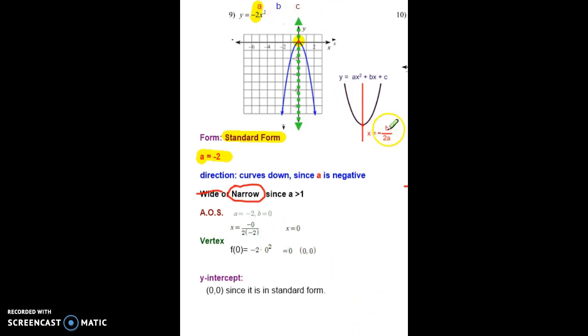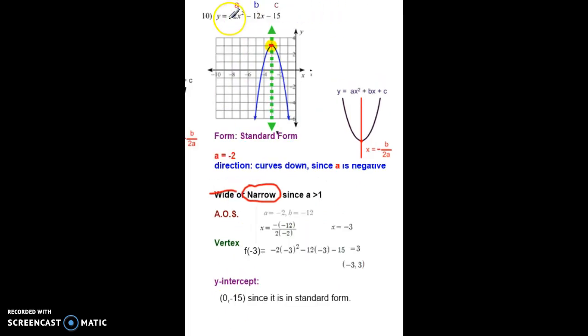So I have 0 over 2 times -2, which is still 0. So my axis of symmetry is 0. So here's my axis of symmetry. That's how I calculated it. I am going to plug in f of 0. I get 0, 0, 0. This is written in standard form. My y-intercept is 0. So that would be showing all the characteristics.